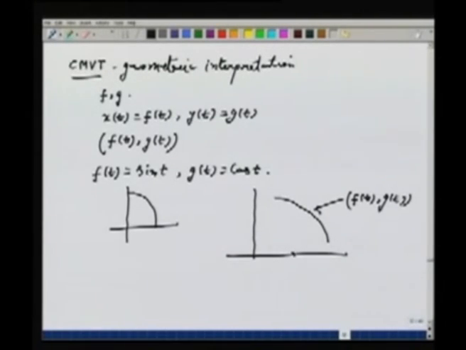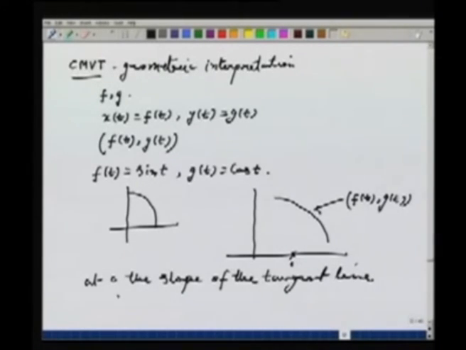Then it says there exists a point c where the slope of the tangent line, which is given by f prime c divided by g prime c, must be equal to the slope of the endpoints.